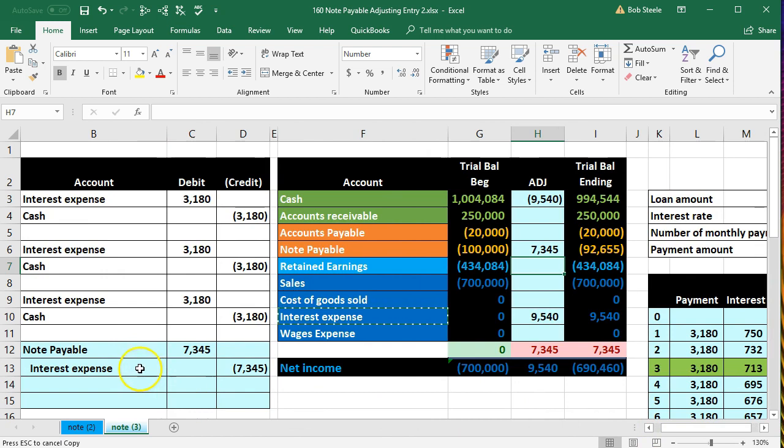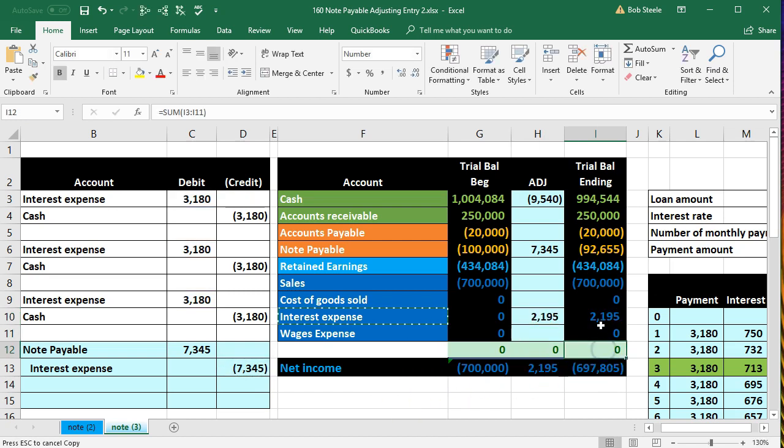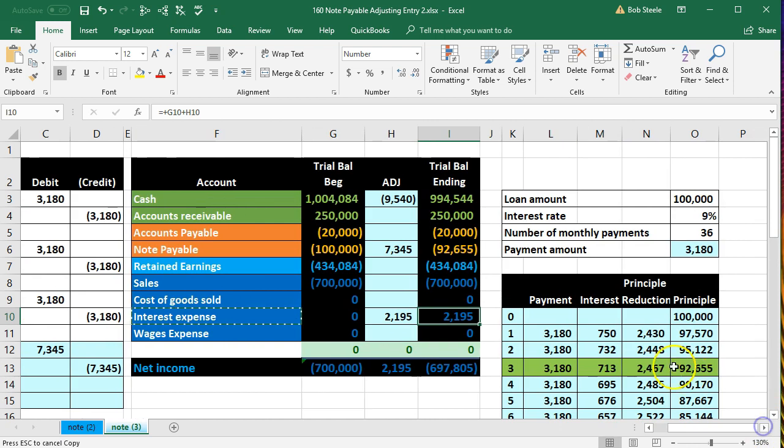And then the other side is going to be the interest expense. Here's interest expense. Something's in it. So we'll double click on it, go to the end of it, plus, and point to that $7,345 and enter. So that puts us back in balance, puts this interest amount to the sum of these three numbers, $2,195.